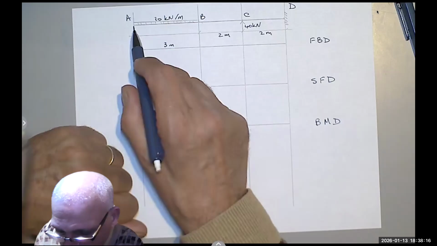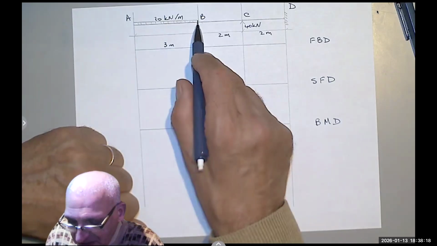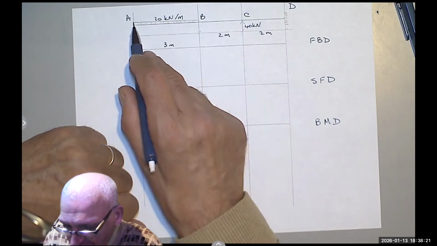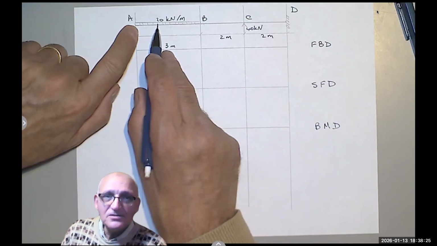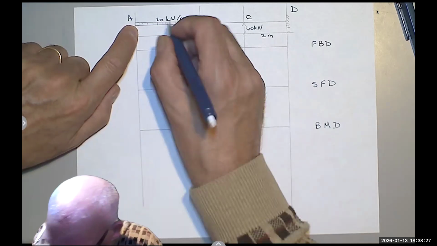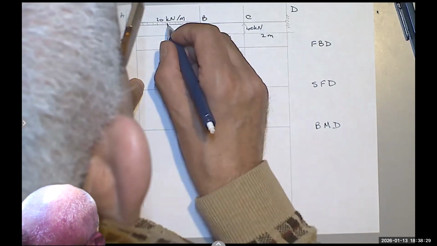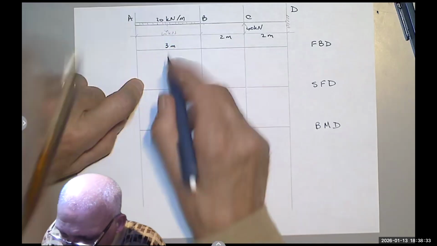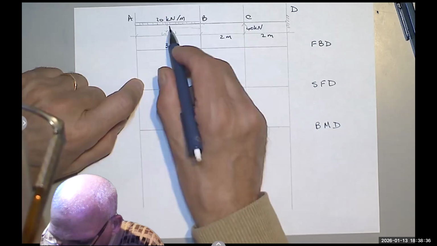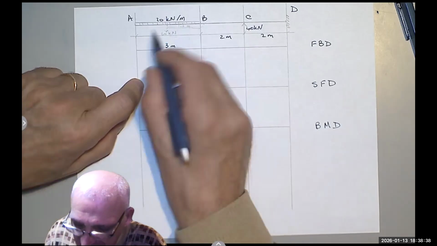For calculating the reactions, 20 kilonewton per meter means every meter is carrying 20 kilonewton, and if there are 3 meters, that is 60 kilonewton exactly in the middle. So this distance would be 1.5 meter, and that distance is 1.5.